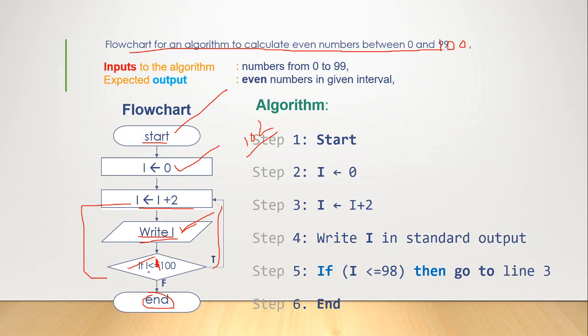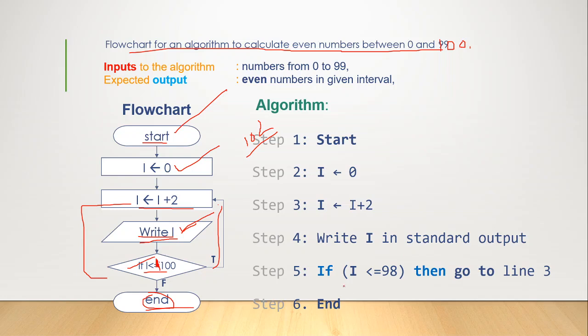Suppose I is equal to 98, because 99 never comes as we increment I by 2. So 98 is less than 100, so the condition is true. Then 98 is incremented by 2, then it becomes 100, then it displays the value of 100. Then again when 100 is less than 100, this condition becomes false, and there is an end of the program.